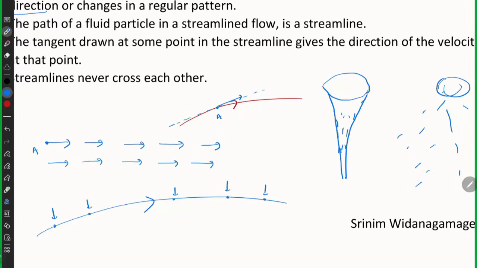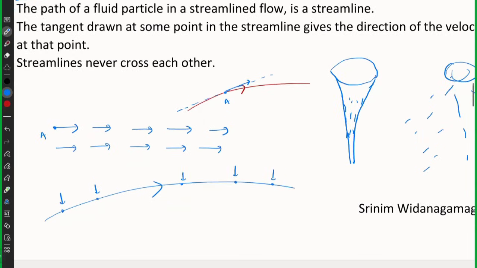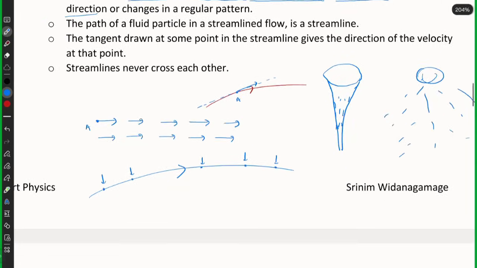The streamline shows the path of the movement of the fluid molecules. So if you mark a point A and draw a tangent at that point, you can see the direction of the fluid particle that's exhibiting a streamlined flow. Is that clear?